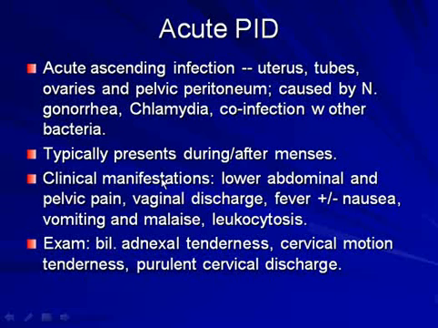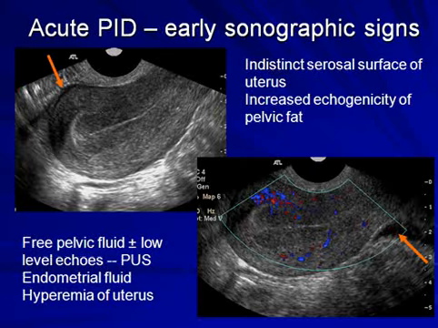The clinical manifestations are lower abdominal and pelvic pain, vaginal discharge, fever with or without nausea, vomiting, malaise, and a leukocytosis. On examination, the typical findings are bilateral adnexal tenderness, cervical motion tenderness, and a purulent cervical discharge.